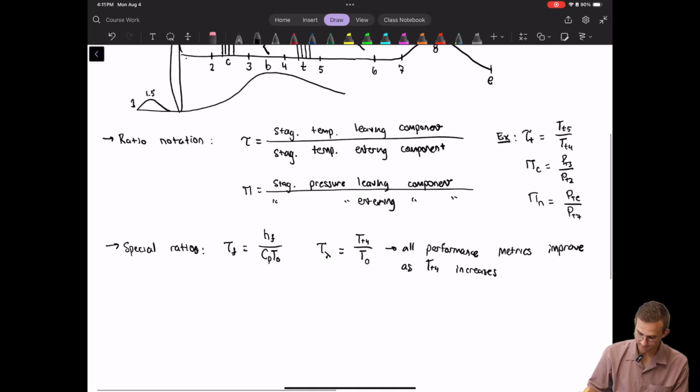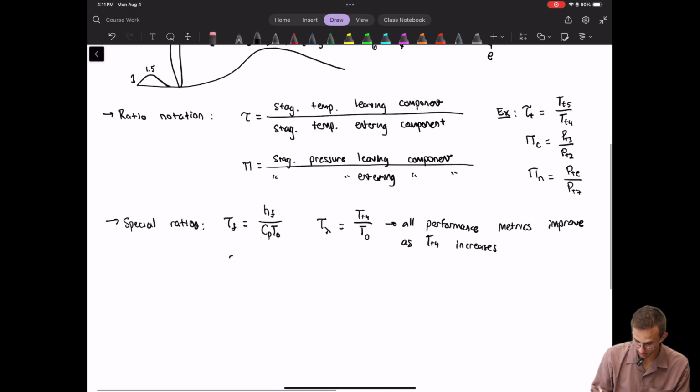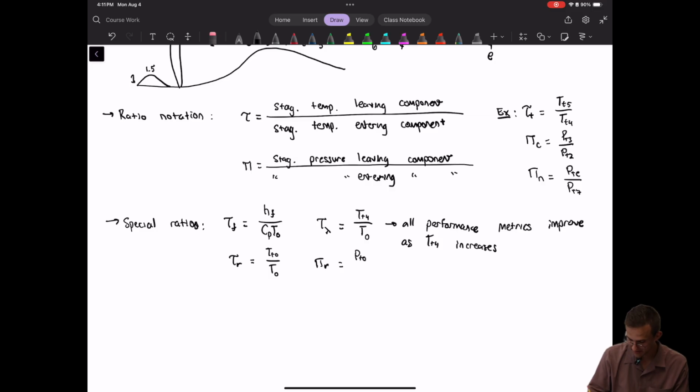We also have tau R, or you can think of it as tau reference, equal to TT naught over T naught. And then pi R, likewise, is PT naught over P naught. Both of those things are just a function of the free stream Mach number or your cruising speed, so they're just reference values.